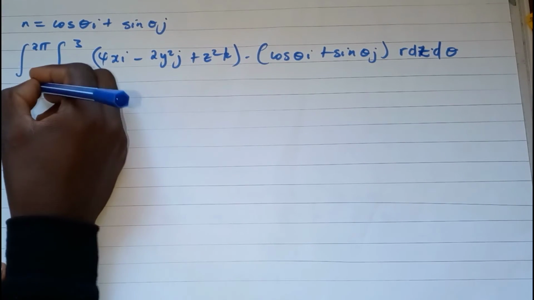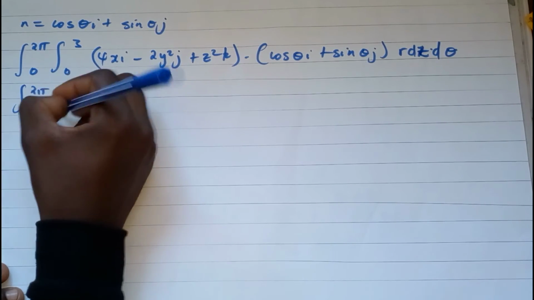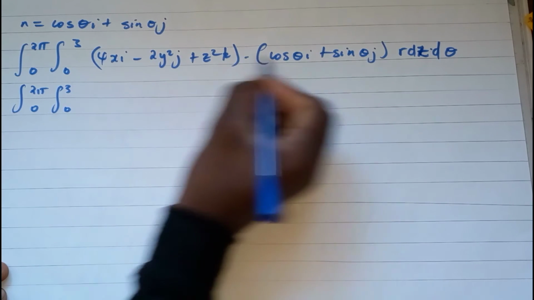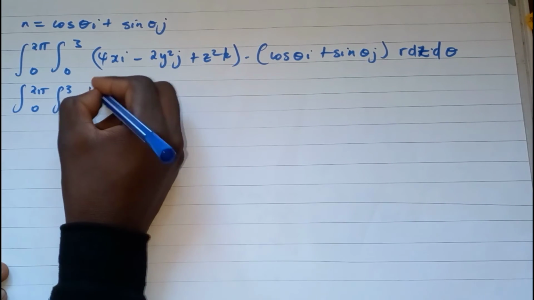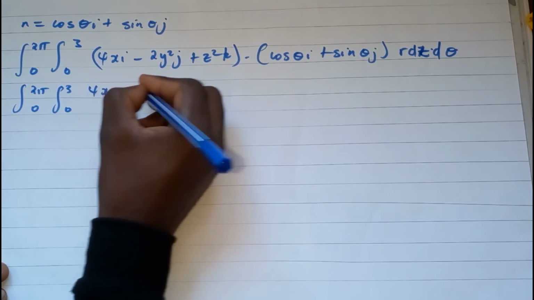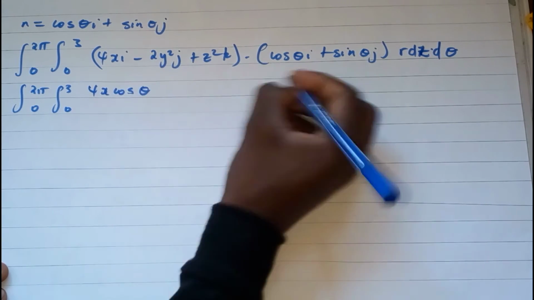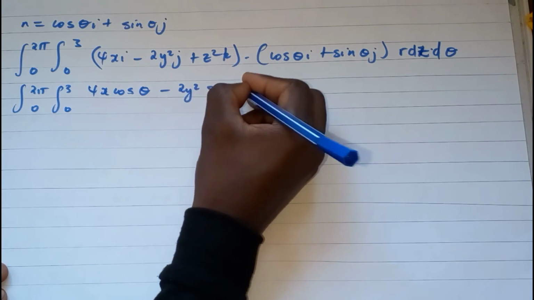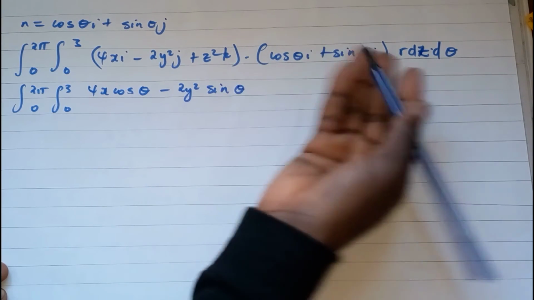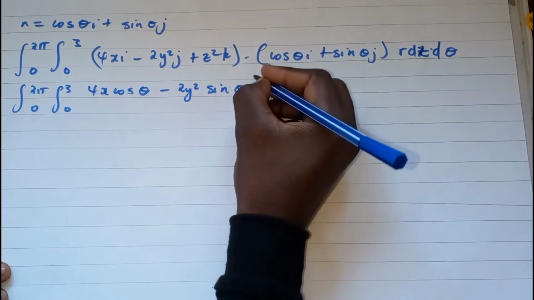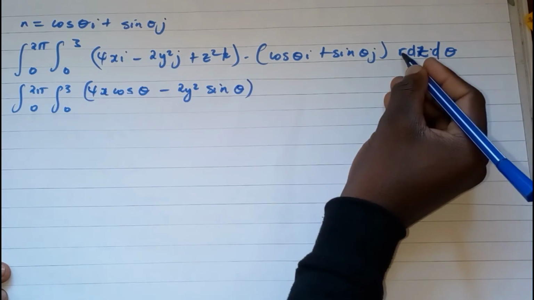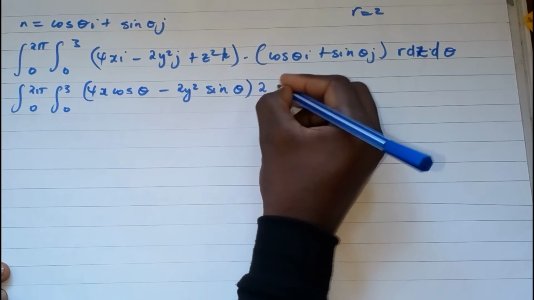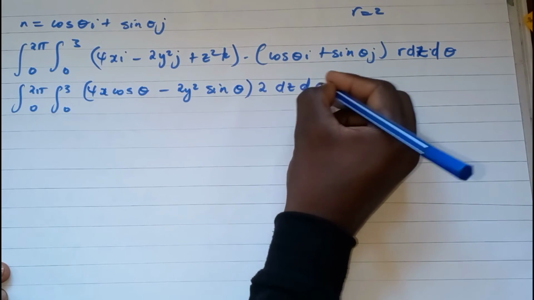So we have the integral from 0 to 2 pi, 0 to 3, of 4x cos theta minus 2y squared sine theta plus 0. You don't have any k component there, so it's plus 0. Times r, which is equal to 2, the radius, so 2 dz d theta.